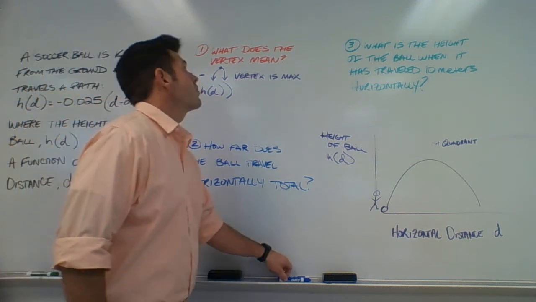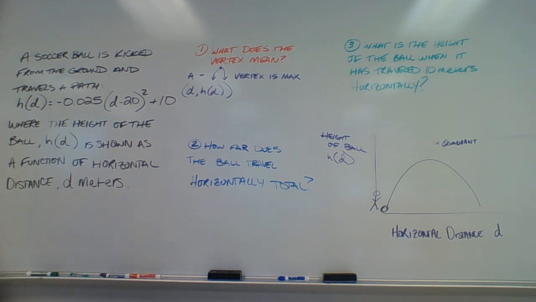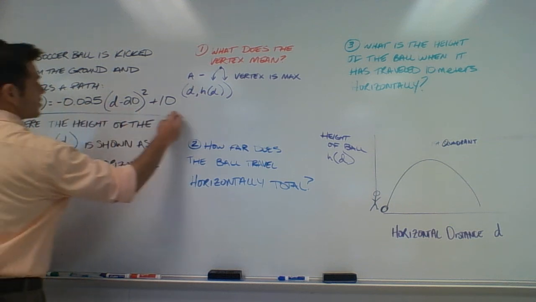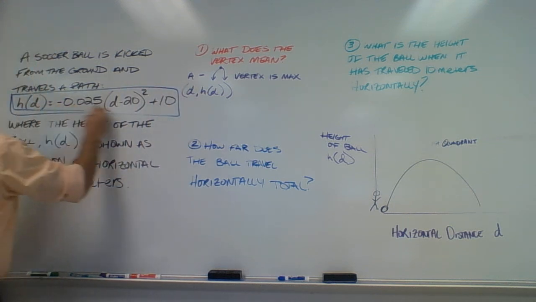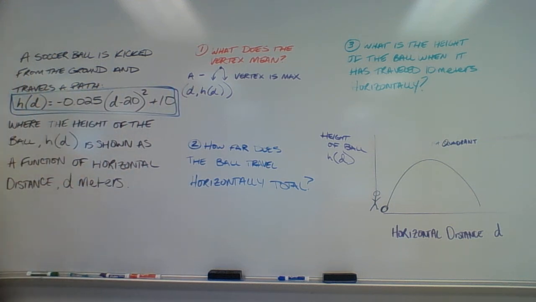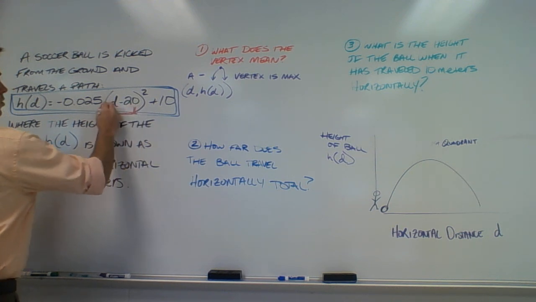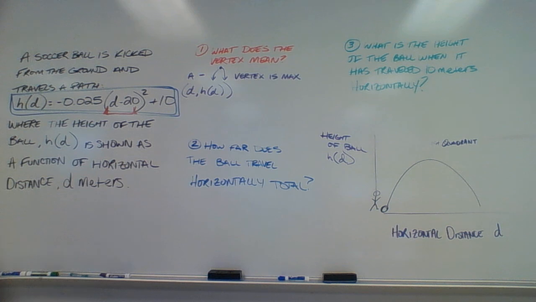To start off with, the first question is asking us what the vertex means. We talked about how we need the vertex having a maximum. We know that the point d comma h of d will be the actual point location. So I'm going to go inside here to my function, and I understand that our h value, or in this case the x value for the vertex, comes from what's inside the parentheses there.